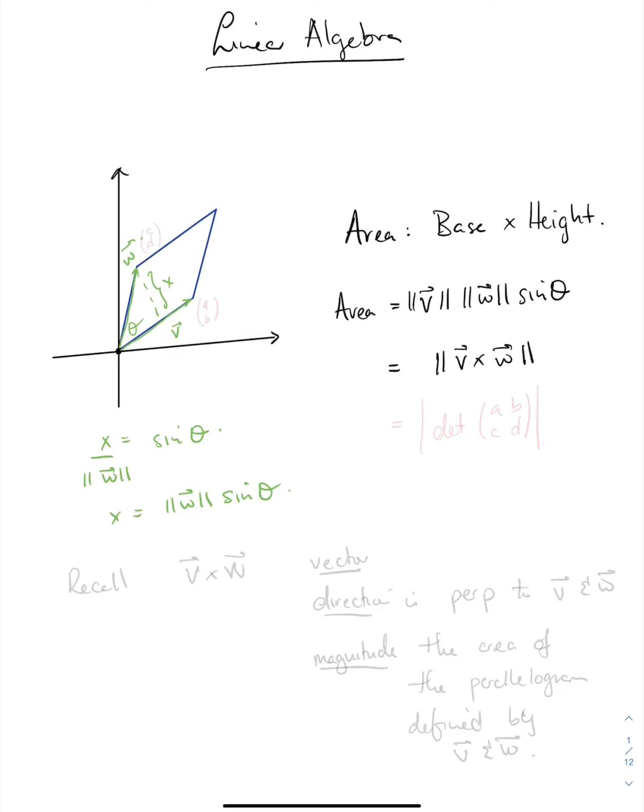If we put some numbers next to our vectors, so for example, say v is the vector a, b, and w is the vector c, d, then our area is actually going to be the magnitude of the determinant of the matrix a, b, c, d.